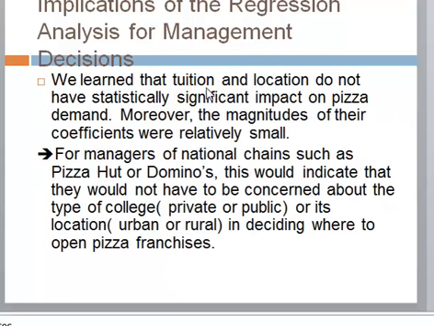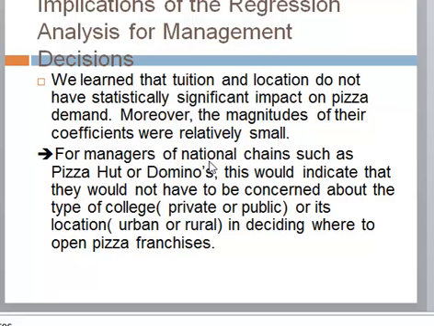We also learned that tuition and location do not have a statistically significant impact on pizza demand because they did not pass the t-test. Moreover, the magnitudes of their coefficients are relatively small.